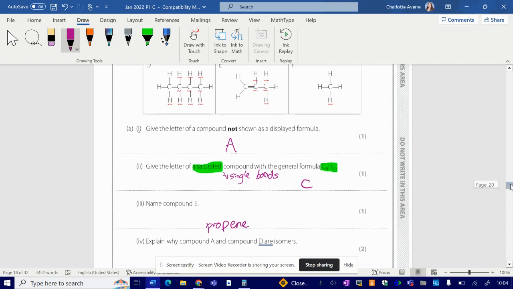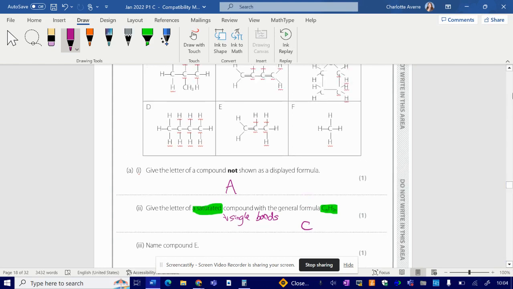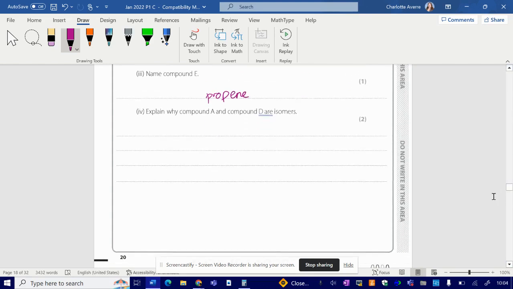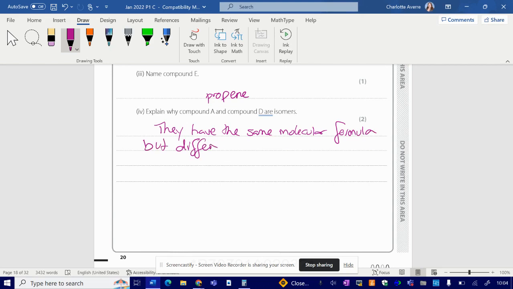Okay, compound A and compound D are isomers. Why are they isomers? Well, this is going to be the same explanation whichever compounds it's talking about. They have the same molecular formula, that's the number of carbons and hydrogens in the molecule, but different structural formulas.